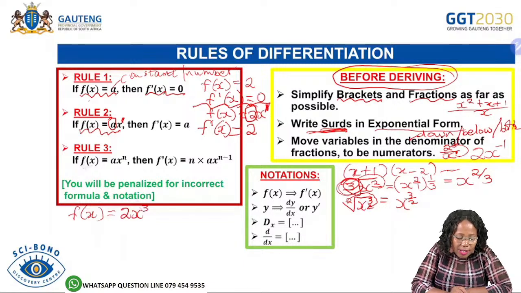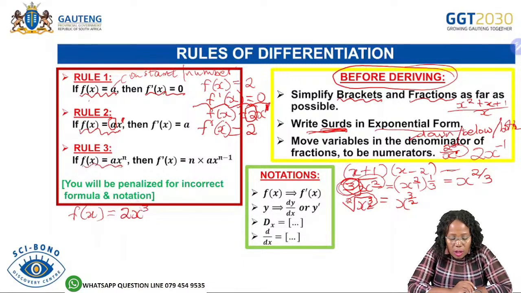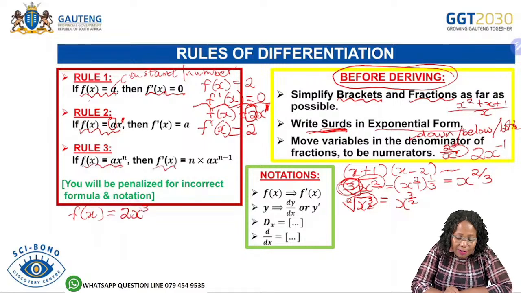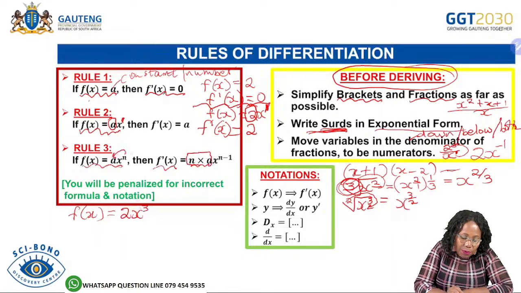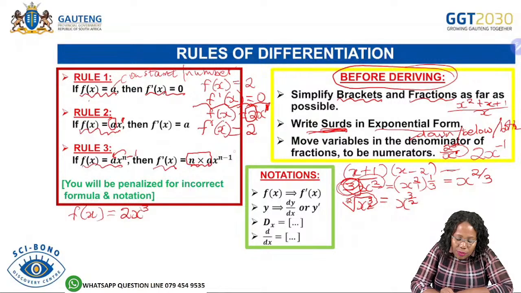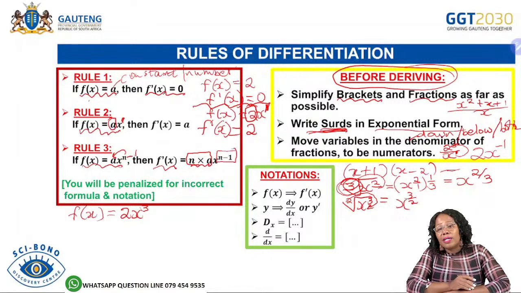Now, this rule states if you are having that condition, what you need to do to find the derivative of that, you take the exponent, your n, multiplied by the coefficient there. That is why we are having n times a there. That is the first thing that you do, grade 12. After multiplying, you subtract 1 from the exponent. What you have on the exponent there, you minus 1. Hence, we are having that n minus 1.